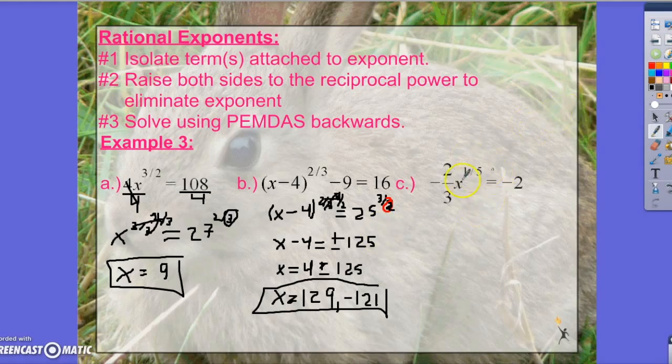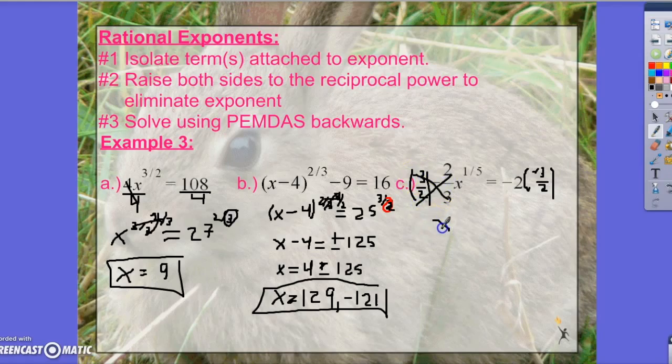All right, let's look at the next one here. Multiply by the reciprocal, negative 3/2 power to both sides. We want to isolate that variable. So this goes away.